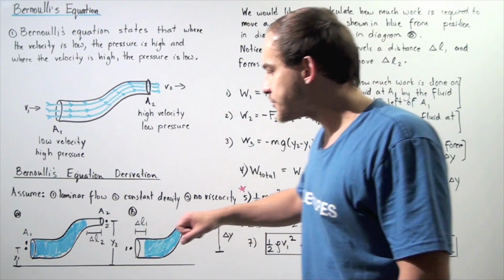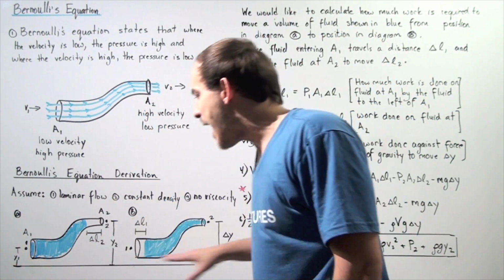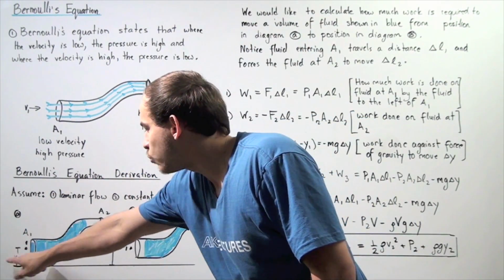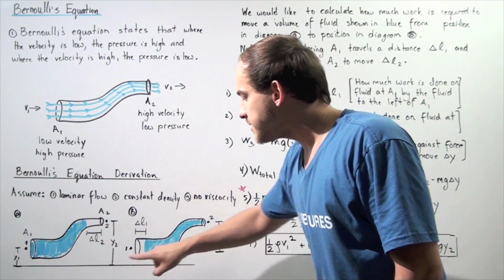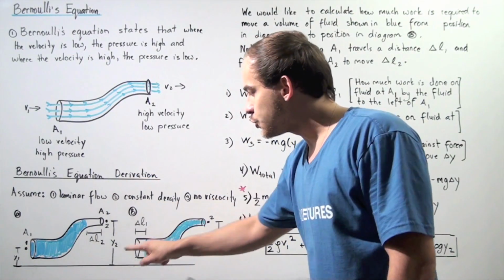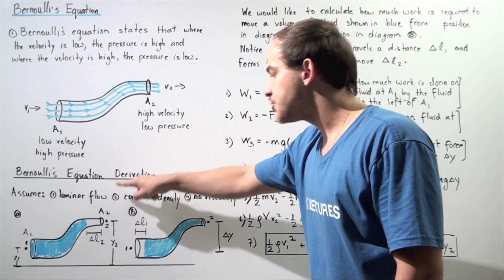Now, also notice that the distance from the ground to the position 1 is y1, and the vertical distance from the ground to position 2 is given by y2.